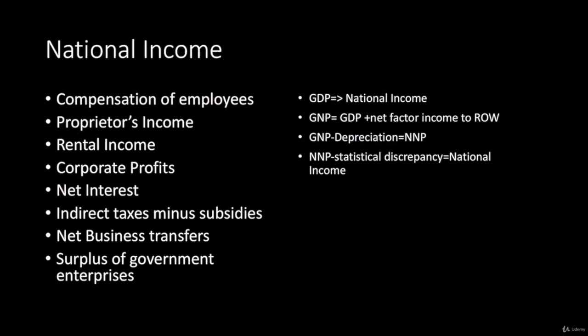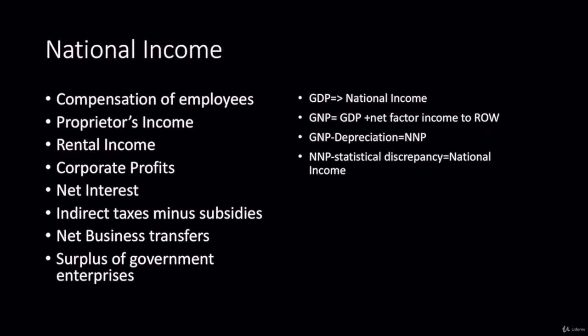So for national income, the government also makes money, and that's going to be indirect taxes minus subsidies. So the money that it makes minus the money that it spends, essentially. Net business transfers: some companies will transfer money within the organization, to other subsidiaries or other branches or things like that, or to other organizations.